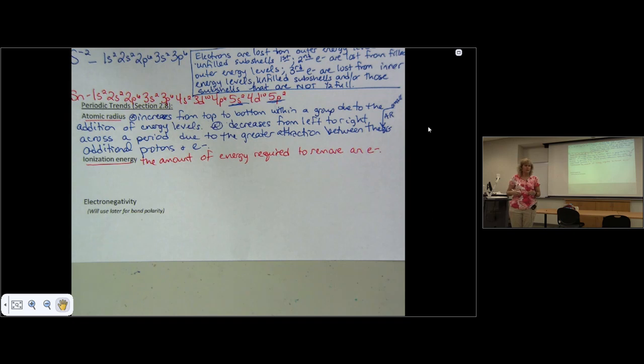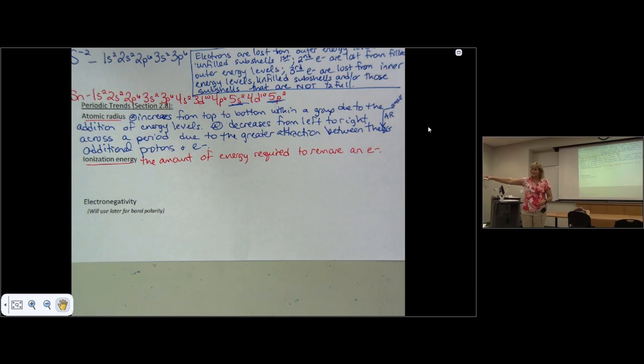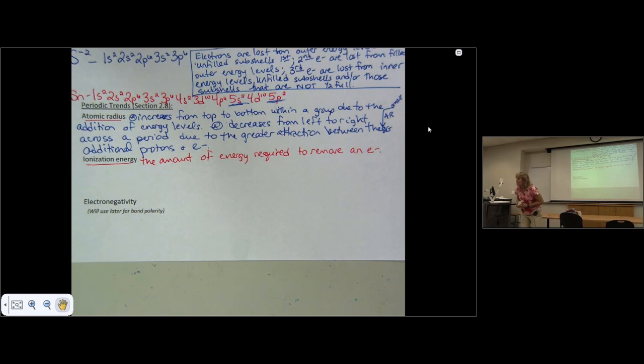I don't want to drop it. If I wanted it to be easily removed, how would I carry it? Out like this. Where do we hold things we want to keep close to us and keep on us? Close to the nucleus. If it's farther from the nucleus, it's more easily taken.